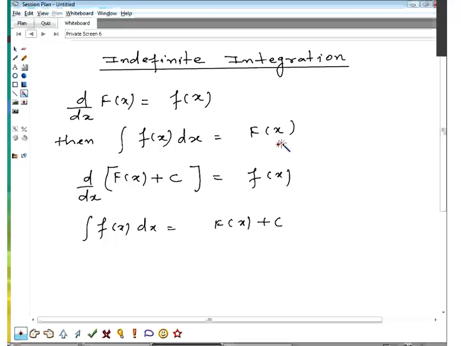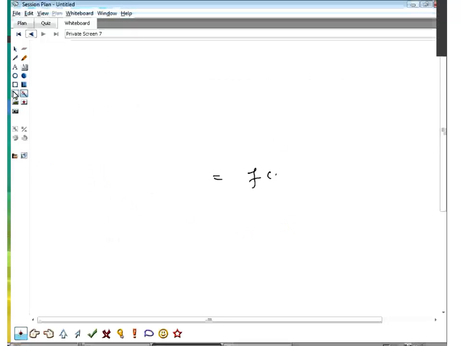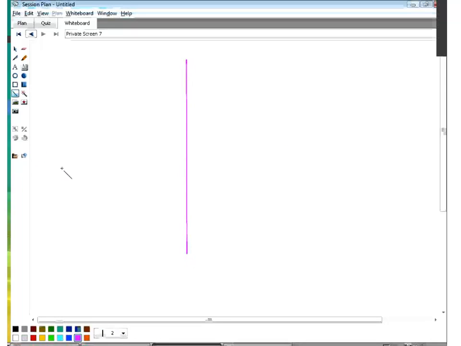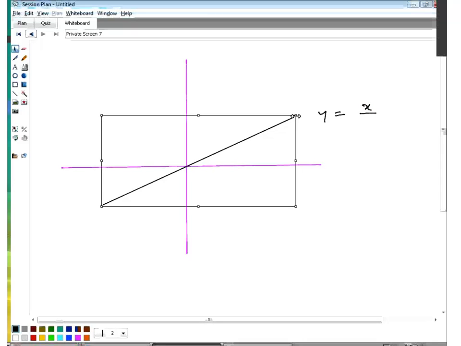If you get some function plus some arbitrary constant, what does it mean graphically? Say, for example, you have a function like this, let's make it simple, y equal to x.